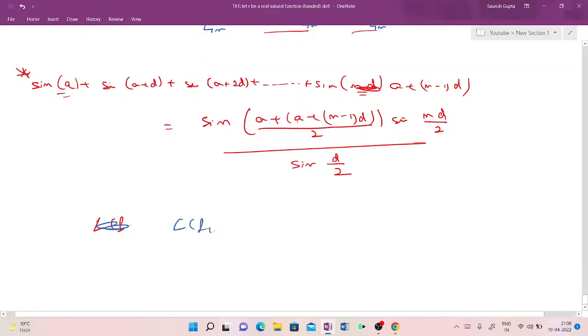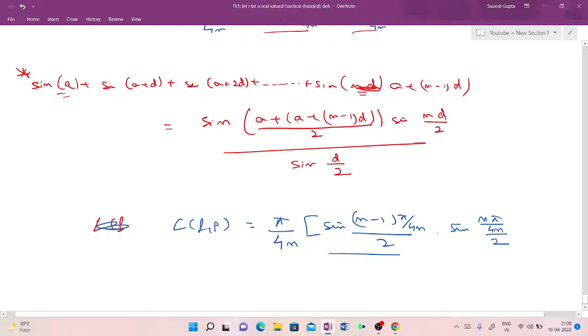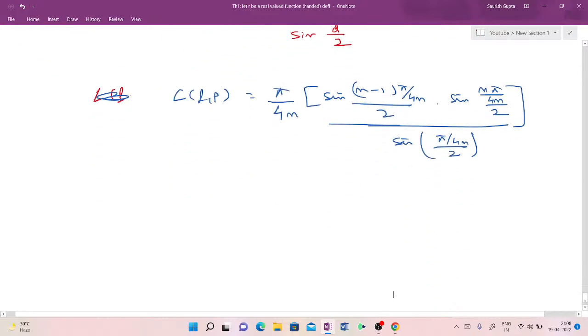So you can write the LFP as pi upon 4n times sine of (n minus 1) times pi upon 4n by 2, into sine of n pi upon 4n by 2, divided by sine of pi upon 4n by 2. Clear?